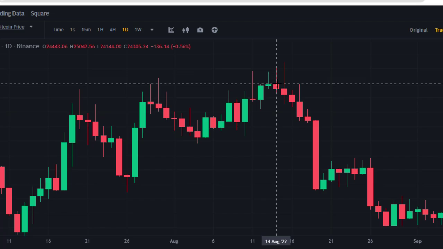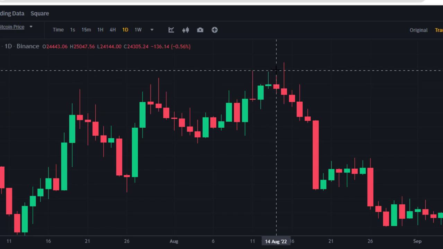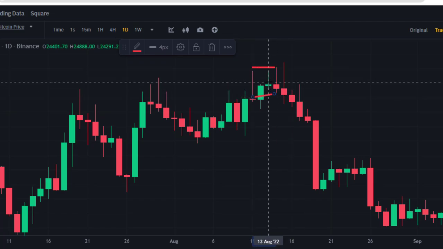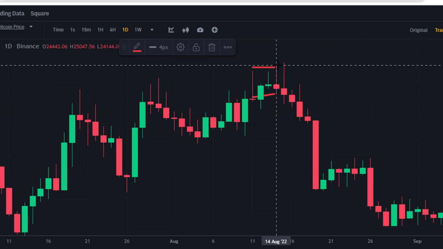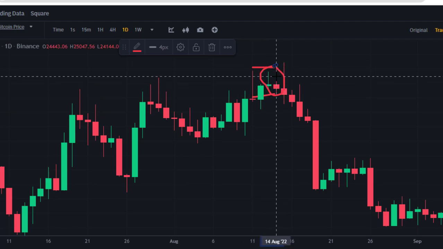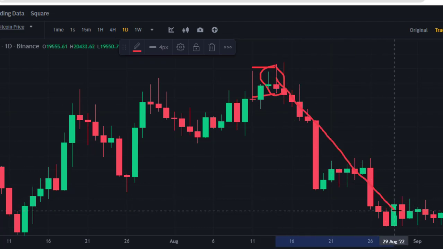But this bearish candle engulfs everything about this candle. So from here, this candle engulfs everything about the previous bullish candle. So this is a bearish engulfing pattern. Then after this formation, the market begins to move back to the downside. This is very, very powerful.